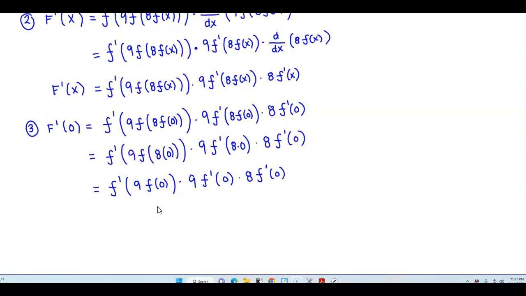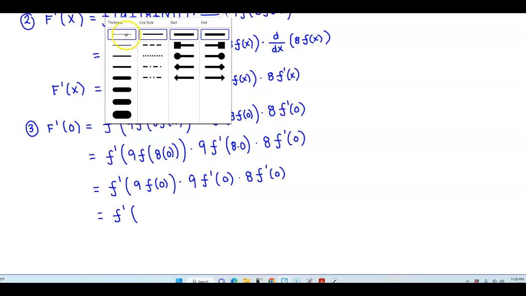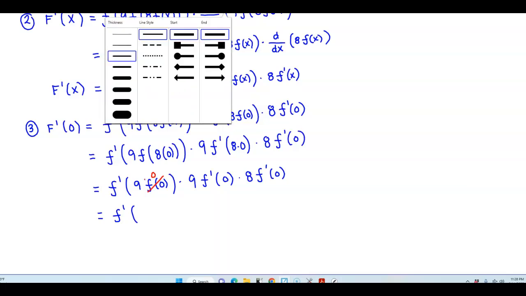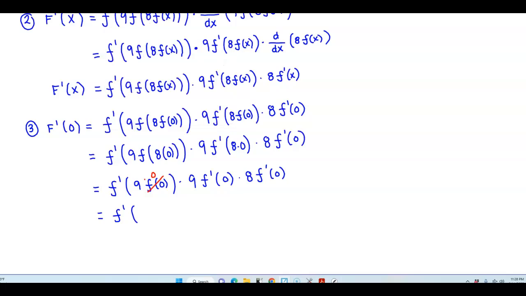So we have f prime of, this becomes 0. So 9 times 0 is going to give us 0. So we have f prime of 0 times 9 times f prime of 0 times 8 times f prime of 0.